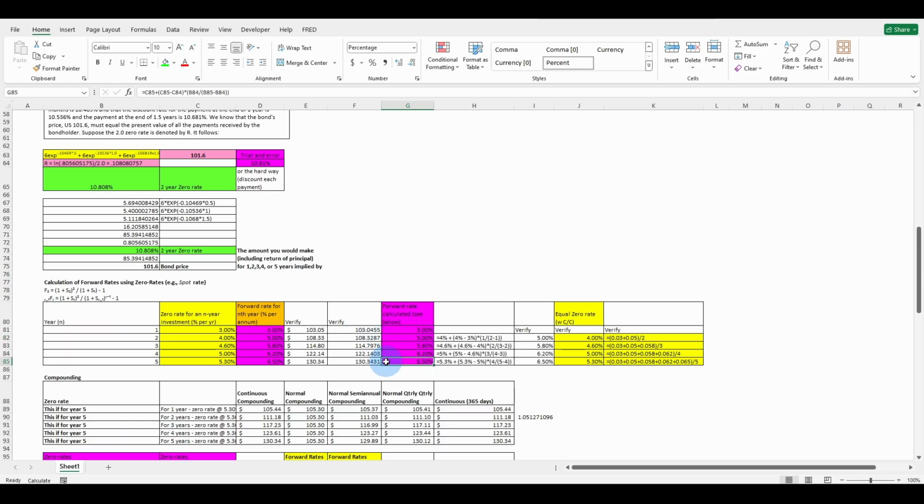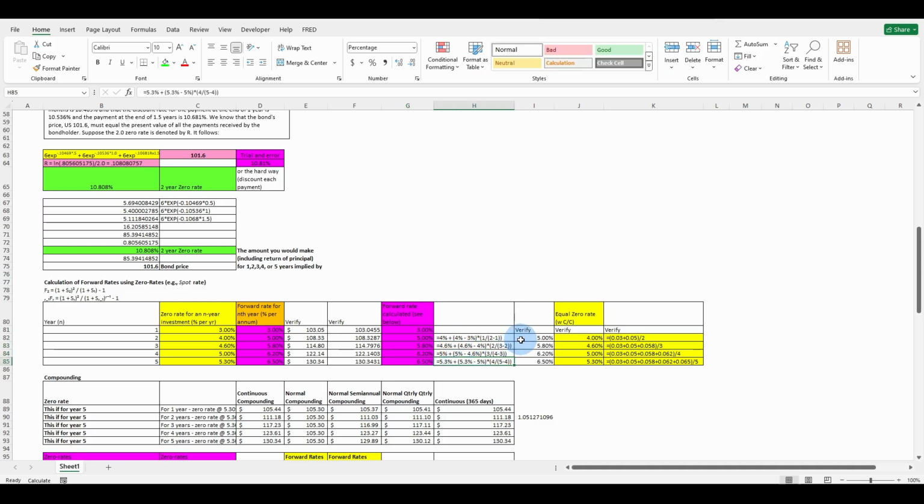And then here, all we're going to do is just stair step this. And then by the time we get to year 5, we're looking at C85, 5.3%, plus C85 minus C84. Taking this minus this. Then we're going to take this B84, which is the time, divided by B85 minus B84. And we have forward rates. Forward rate for year 5, 5.3, is 6.50. And here's the formula I just worked through.